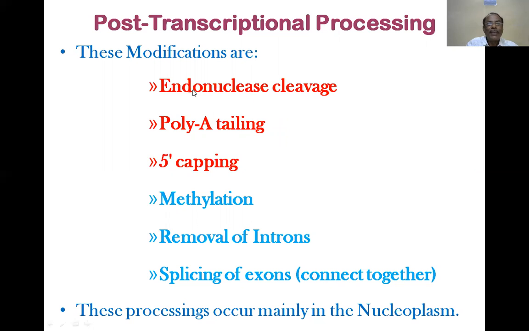Some piece of the mRNA may be cut by endonucleases, cutting inside. And 5' capping: a methyl guanine comes and joins there, on the head side, and that is capping. A methylation occurs on that. So endonuclease cleavage, poly-A tailing, 5' capping, methylation, and the removal of introns and joining of exons, which is splicing. Splicing is suturing together. These processings occur mainly in the nucleoplasm. So these are the post-transcriptional processings.